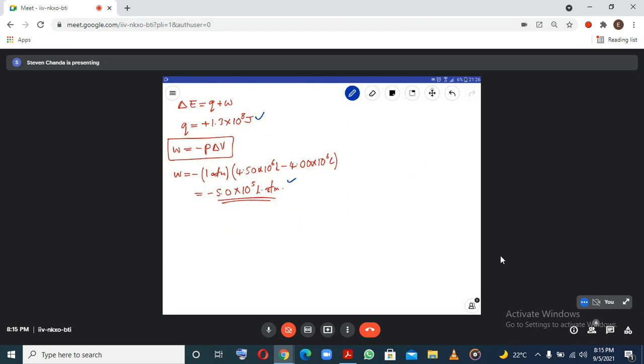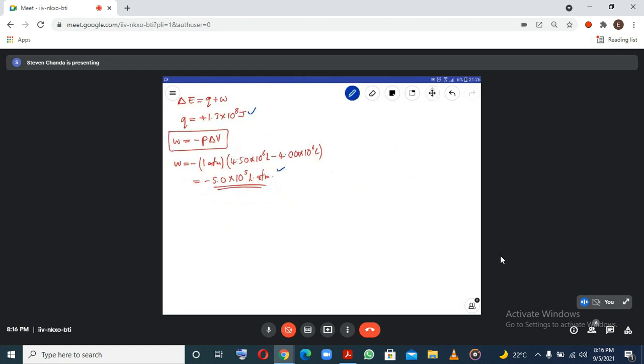So what we are going to do is just a conversion. Usually when there is something to convert, don't make shortcuts, because you can end up losing marks. So please always ensure that you show the conversion.